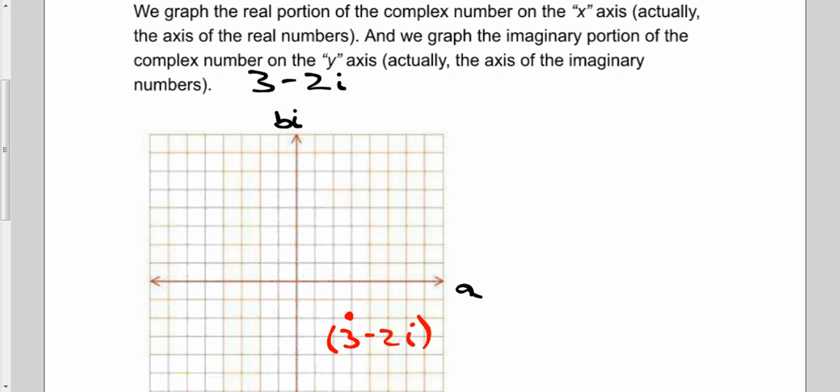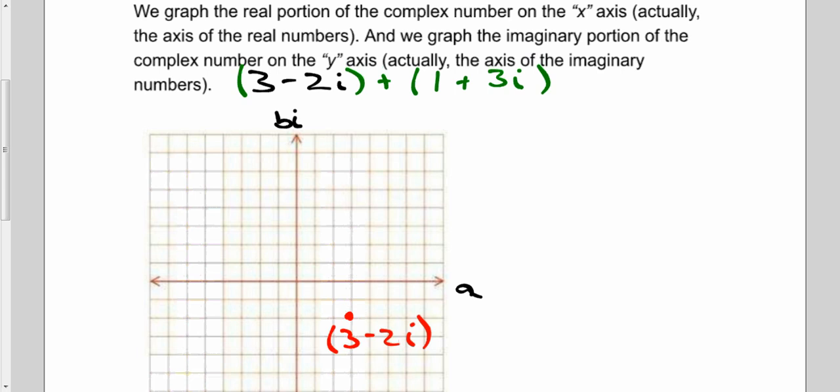Now, let's take 3 minus 2i and add to it 1 plus 3i. So, with 3 minus 2i, we started at the origin, and we went 3 to the right and down 2, right? If I want to add 1 plus 3i to that, I'm going to start here at 3 minus 2i, and I'm going to do what?